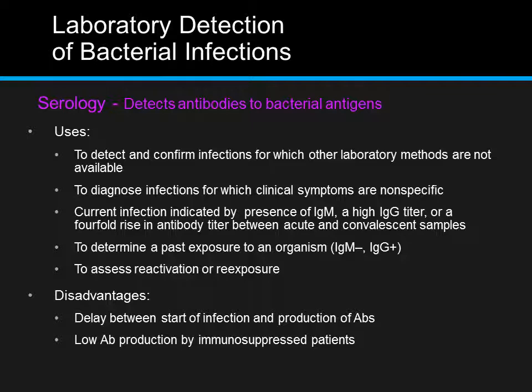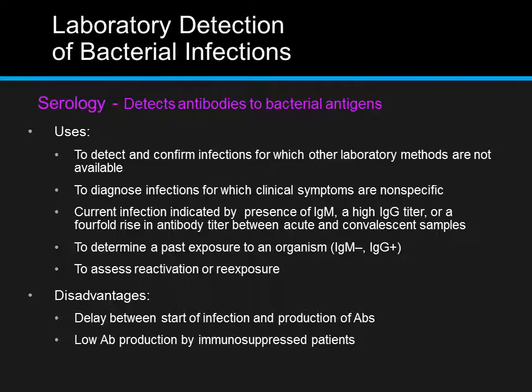And then the next step is using serology to detect the bacterial antigens themselves. So we use serology to detect and confirm infections for which other laboratory methods are not available, to diagnose infections for which clinical symptoms are nonspecific. Current infection is represented by the presence of IgM, high IgG titer, or fourfold increase in antibody titer between acute and convalescent samples.